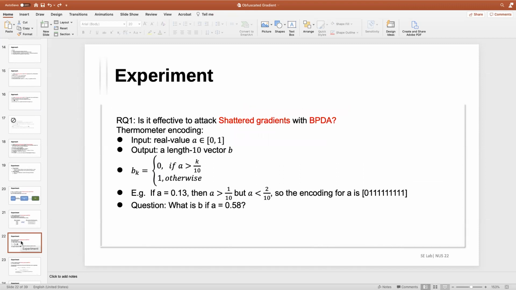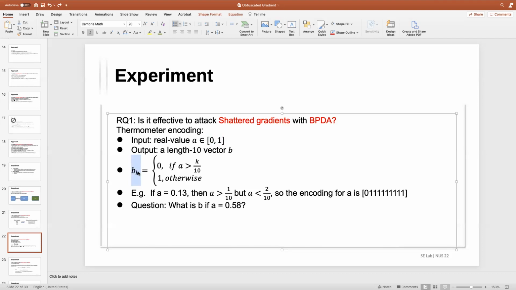The encoding function is as follows. First, my input is the real value A. This A is between 0 and 1 because my pixel values are normalized. The output is a length 10 vector B. And the K-th entry of B can only take two values, either 0 or 1.